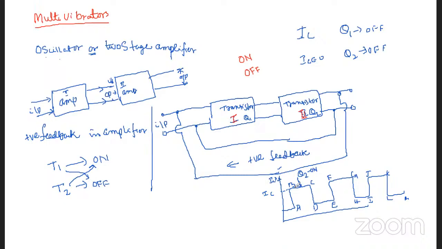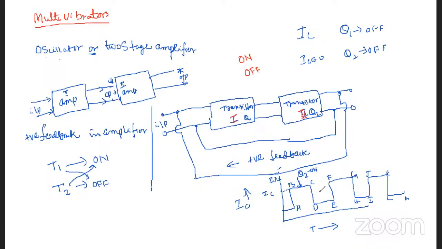This is the case when Q2 is in the on position, and it flows for a period of time. This is the current on the y-axis. For a period of BC, the current flows, and during this period, whenever Q2 is on, Q1 will be off.